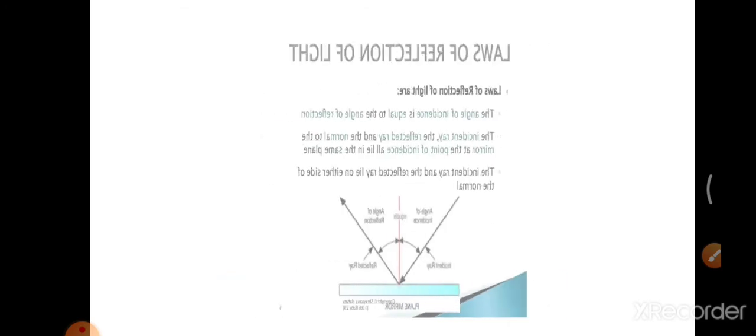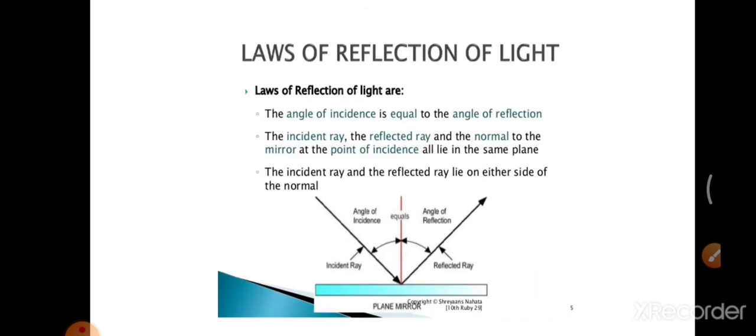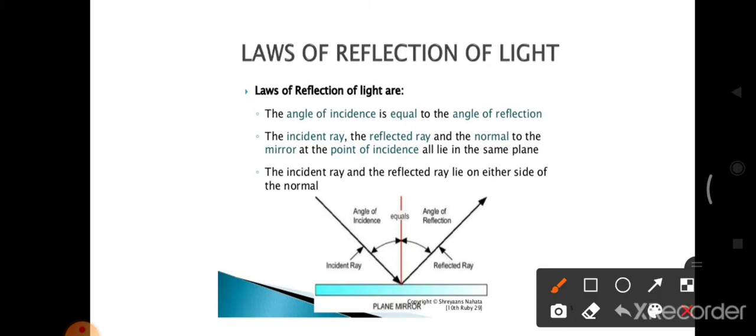Before going to see the MCQ questions, let me recall the concept about reflection of light. The first concept is laws of reflection of light. You know that this is a plane mirror.